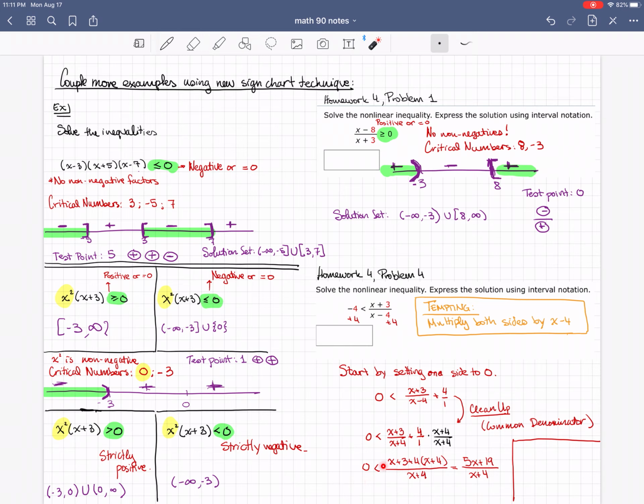And right to left, this says greater than 0. So we end up with 5x plus 19 over x plus 4 is greater than 0. And I'm going to say here, finish on your own. If you get stuck or if any part of this is unclear, bring me questions on Friday.